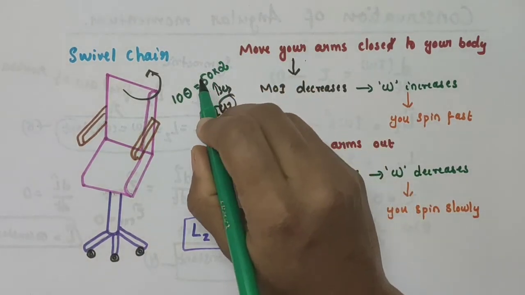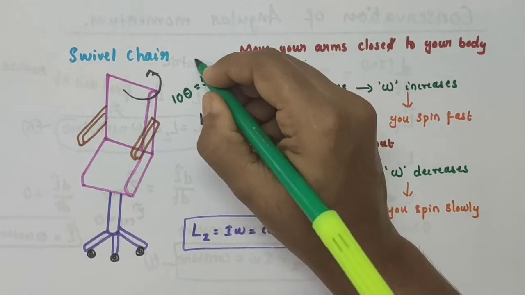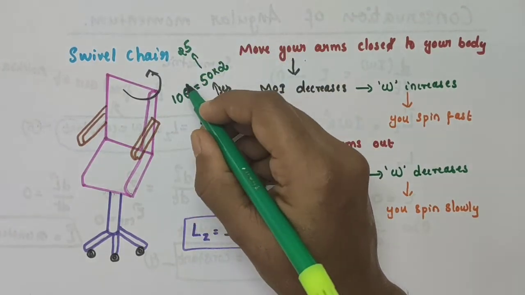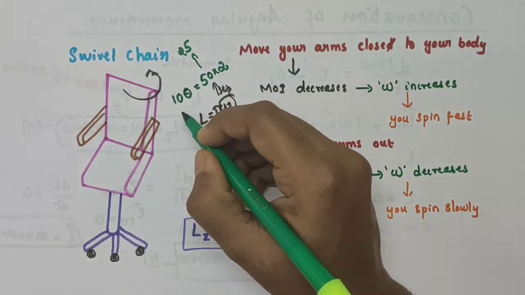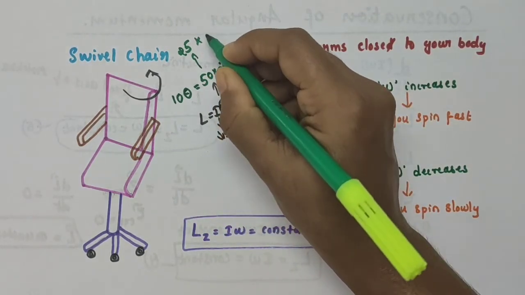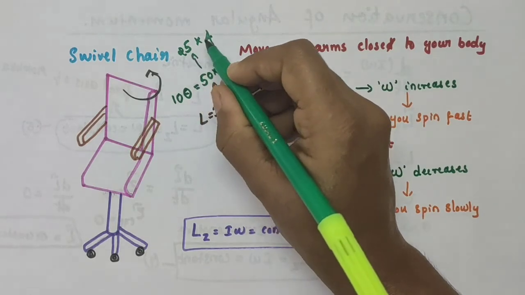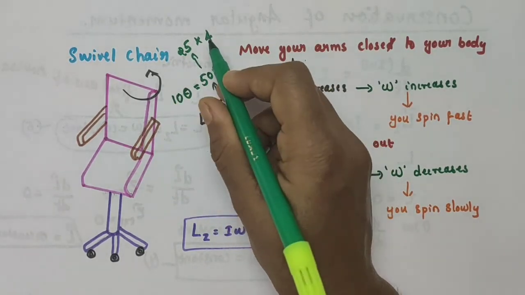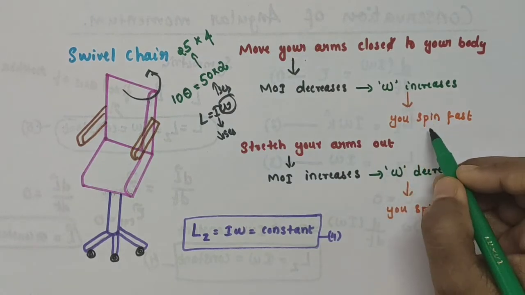When the moment of inertia decreases to 25, we want to conserve the angular momentum, that is, get 100 again. So what happens to the angular speed? It increases from 2 to 4. Then only 25 times 4 will give you 100. So when moment of inertia decreases, angular speed increases and you spin fast.